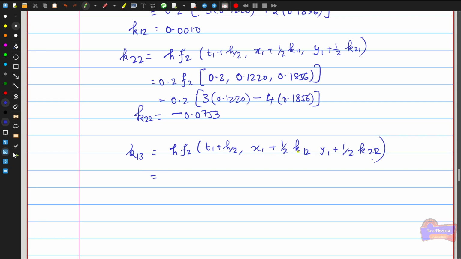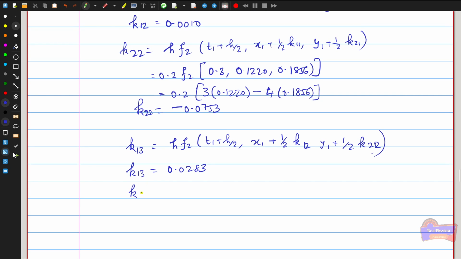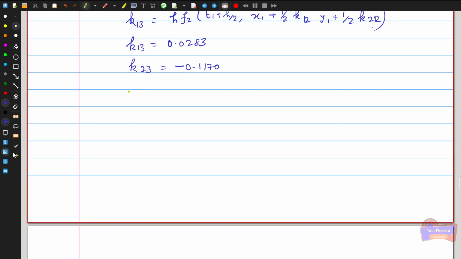If you substitute the values of k12, k22, the final value of k13 will be equal to 0.0283. Similarly, k23 is equal to minus 0.1170, and k14 is equal to minus 0.0201, and k24 is equal to minus 0.0368. So now we have calculated all those slope values.